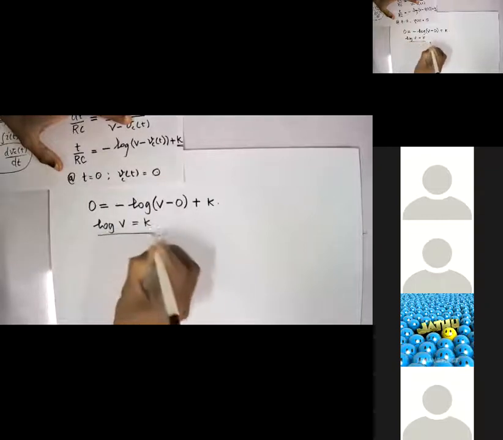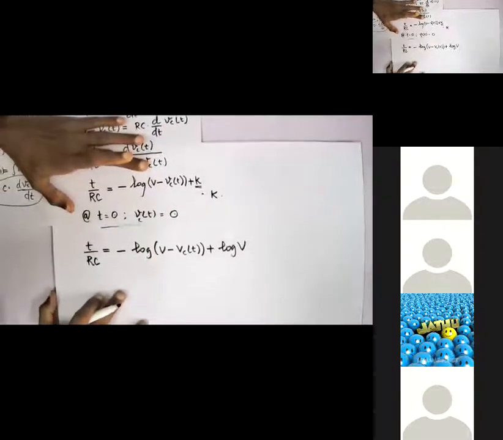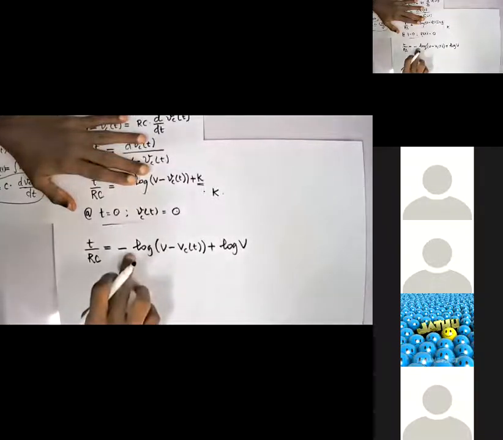Log V equals k. So now rewrite this equation. So t by RC equals minus log of V minus Vc of t plus log V. Am I right? Minus log of V minus Vc of t, plus log V. Okay, right, so there is a minus.